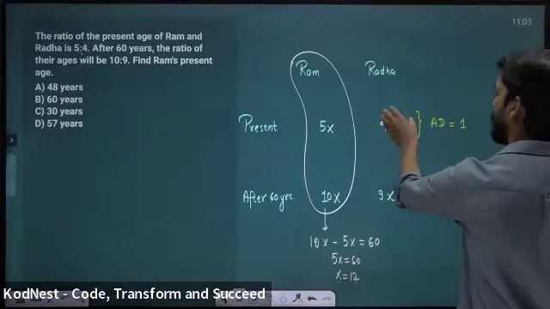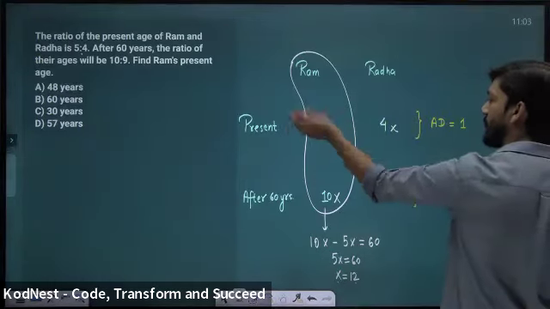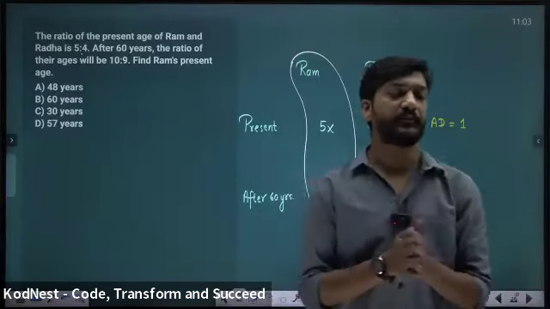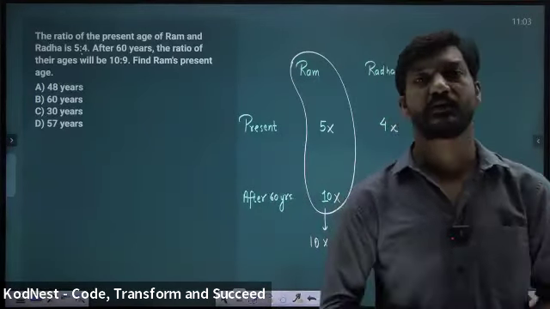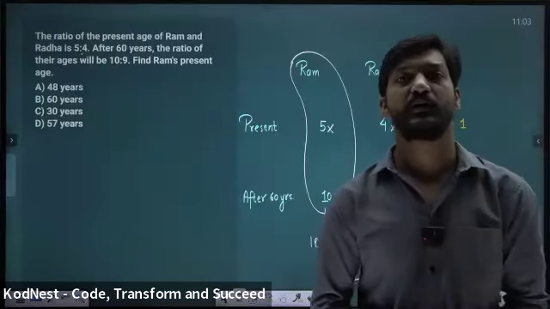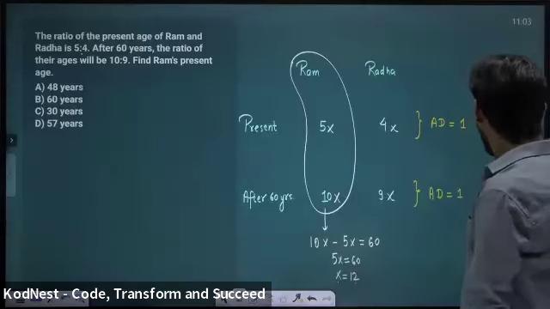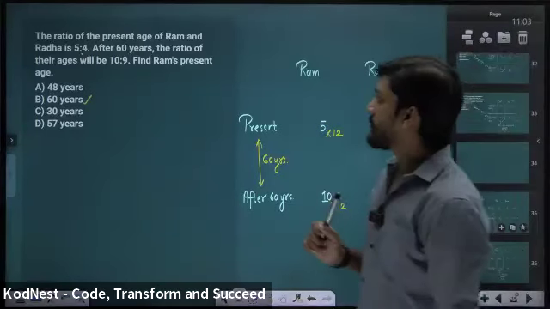This is 48. It is present. So after 12 years, 48 plus or minus? Plus. So 48 plus 12. Again, 60 will be the answer. All right. So 60 years.